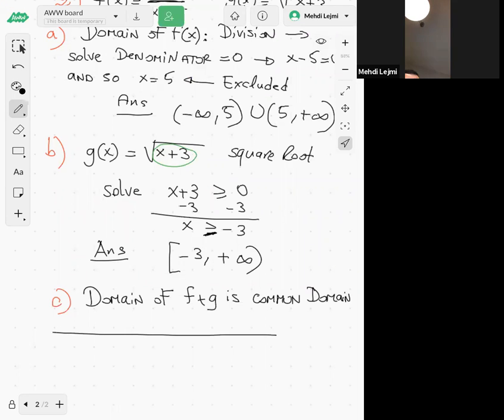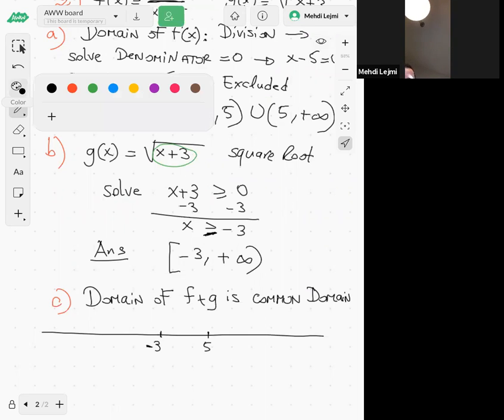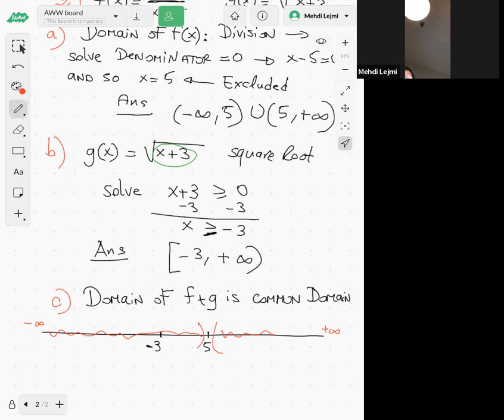So the domain of f. I'm going to need negative 3, and I'm going to need 5. So the domain of f is any number except the 5, from negative infinity to positive infinity. So this is the domain of f. And the domain of g starts from negative 3 included, and it goes all the way to positive infinity, right?